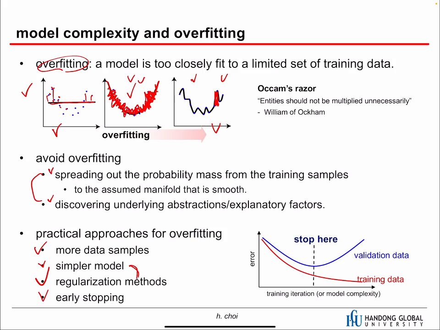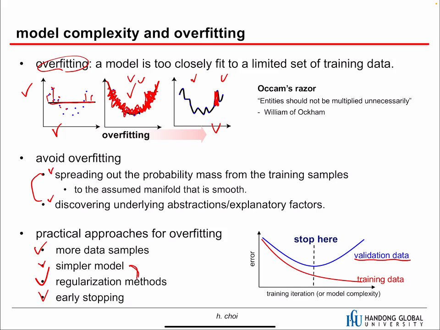Or we can use early stopping. Early stopping was proposed a long time ago, but recently in deep learning, early stopping is one of the most popular regularization tricks. And early stopping is really simple. As I said, we use the training data to update the parameters, and while we are training, we can evaluate the current model with the validation data set. The validation data set should not be used to update the parameters, we just evaluate.